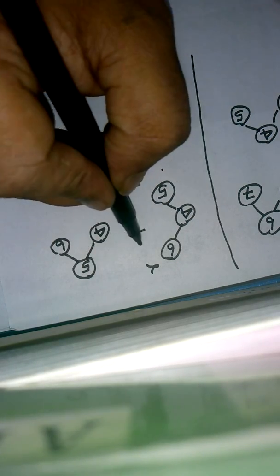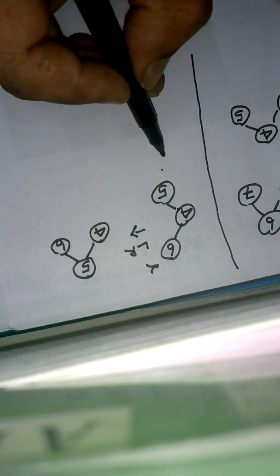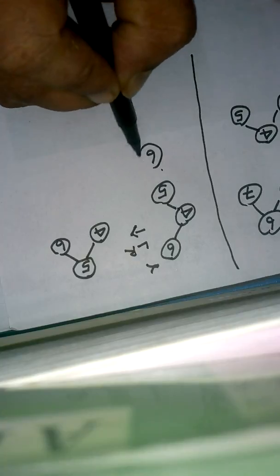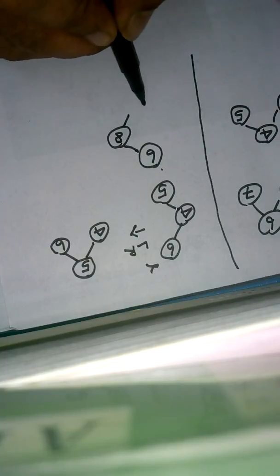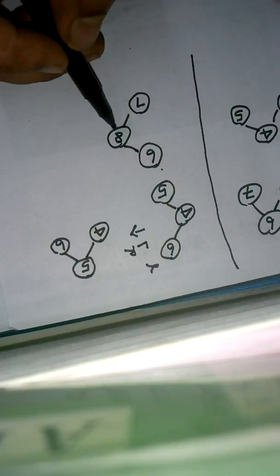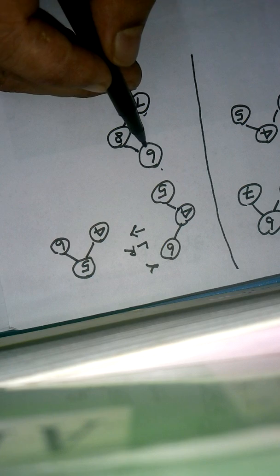So this is LR rotation. The mirror image could be something like 6, 8, 7, so here inserting at the left subtree of the right child of alpha.